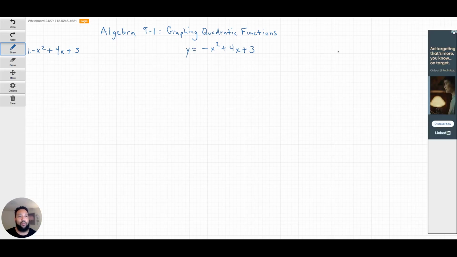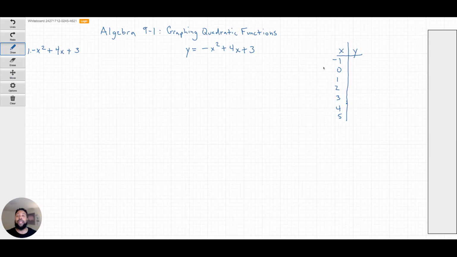So we'll come off to the side and we'll complete our xy coordinates. Let's just say negative 1, 1, 2, 3, 4, 5. We'll go from x being negative 1 to 5 and find out what y is. That will allow us to graph our quadratic function. So I hope that helps.